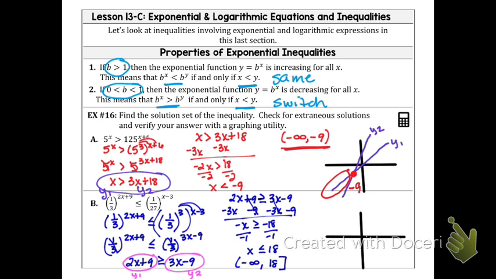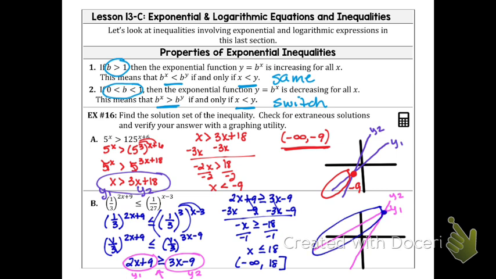So when I graph y1, and then I'm going to graph y2, I want to know when what I put in y1 is greater than y2. So I'm looking for where it's above. So that's going to be all of that area there. Y1 is above right here.